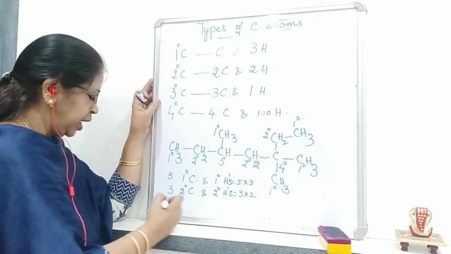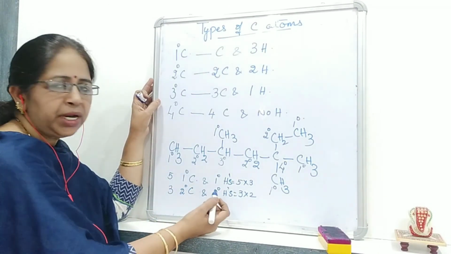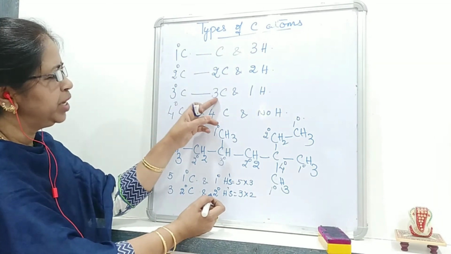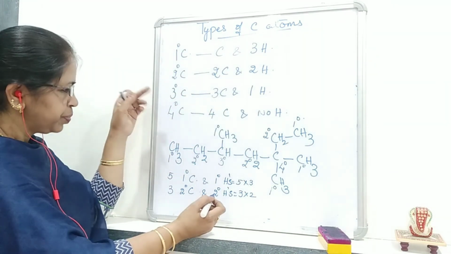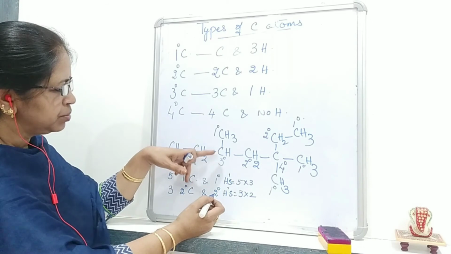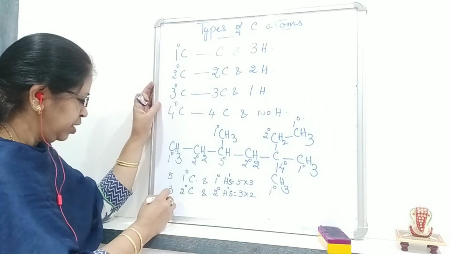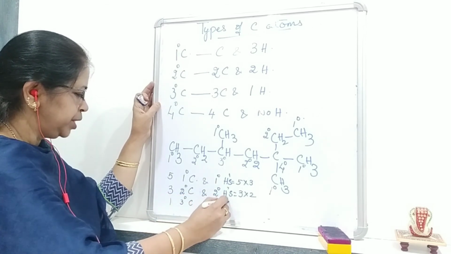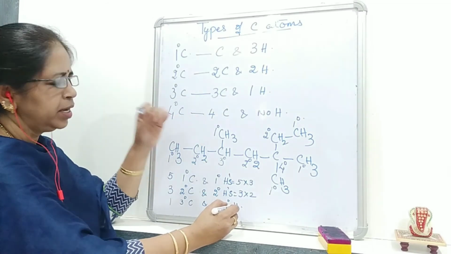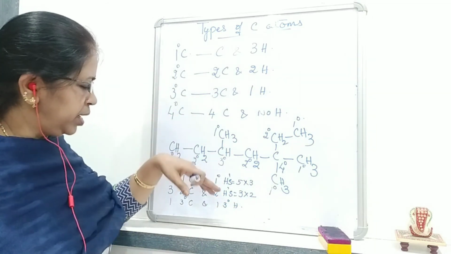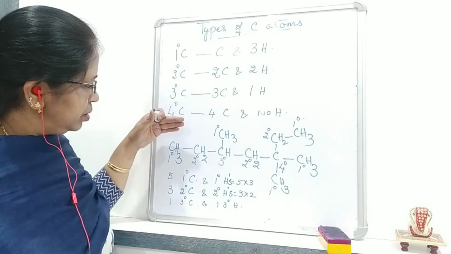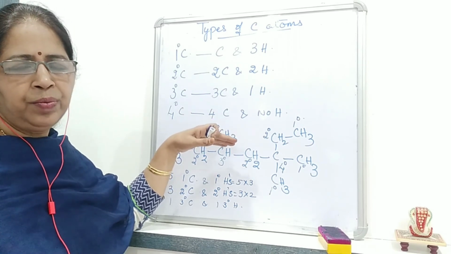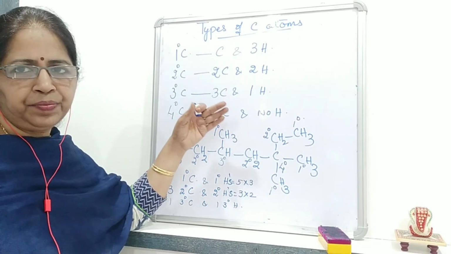And the number of tertiary hydrogens is equal to the number of tertiary carbon atoms, because each tertiary carbon has only one hydrogen. How many tertiary carbon atoms are present in this? Only one tertiary carbon, so one tertiary hydrogen. There are no quaternary hydrogens. Like this we can calculate the primary, secondary, tertiary, quaternary carbon atoms and also the hydrogens attached to them.